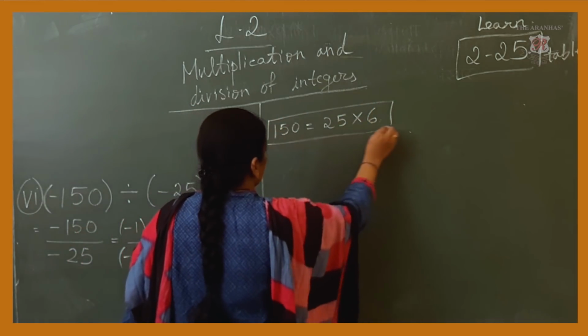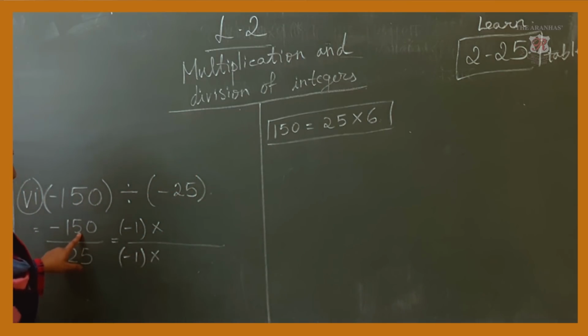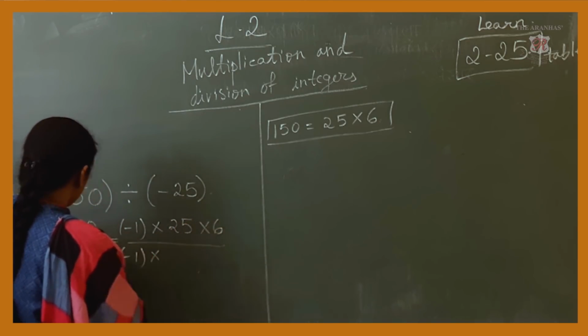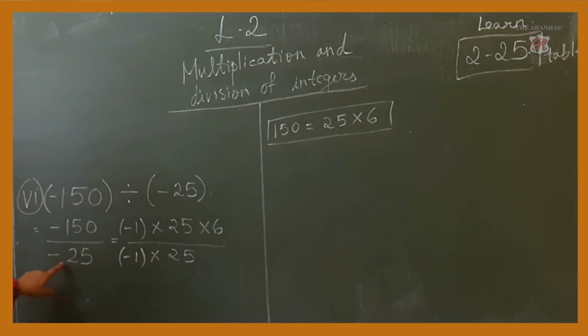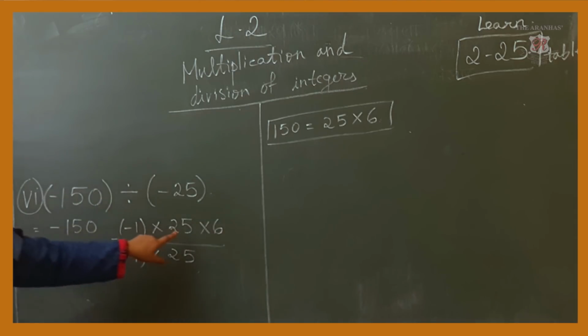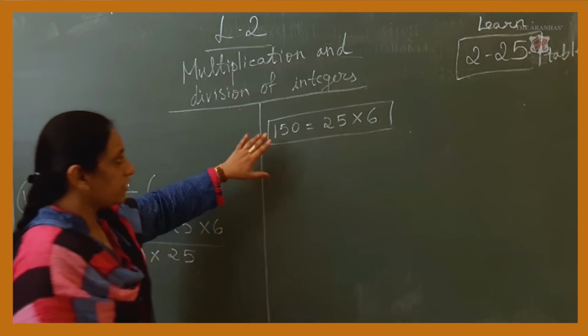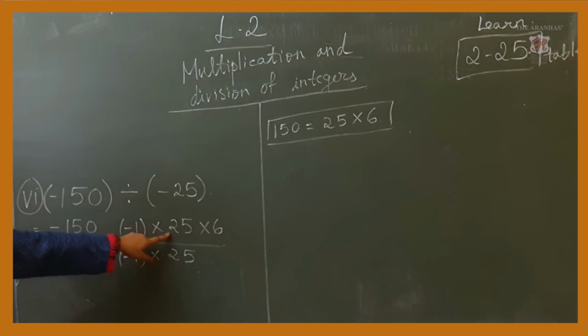You have to use a rough column as I told you. Now 150 we have, and in the 25 table, yes, 25 6s, so you can write here 25 multiplied by 6 and here you can write only 25 as it is. The minus sign is only separated out. Minus 1, 150 we had made into factors. 150 equals 25 into 6. You can do it this way or in the factor method which I showed you in the previous sum.